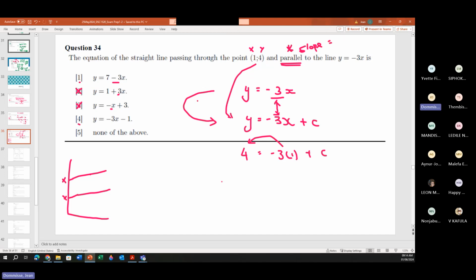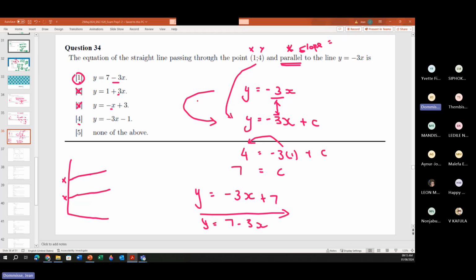So 4 plus 3 will be equal to 7, and 7 will be equal to c. So our new formula will be y is equal to minus 3x plus 7. Okay, it's written a bit different. So we could have also said 7 minus 3x. Option 1 is the correct one.